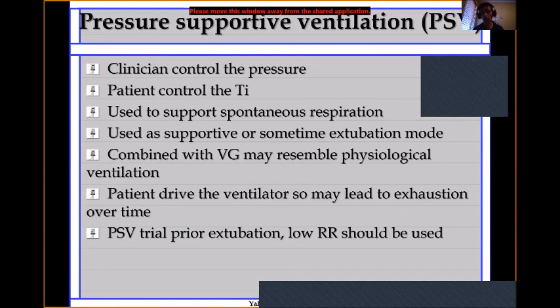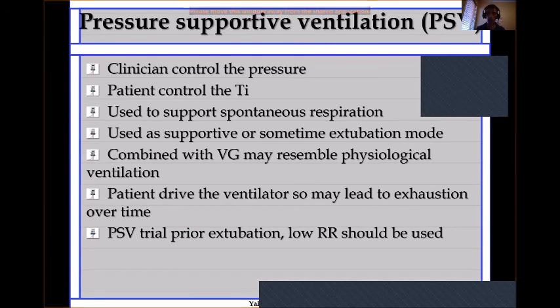So you would say, you breathe anything, you do anything, but don't go below 10. If your respiratory rate is below 10 per minute, which means you're not taking a breath every 6 seconds, I'm going to give you assisted control, or I'm going to give you SIMV. So always with a PSV trial, you use a lower backup respiratory rate.